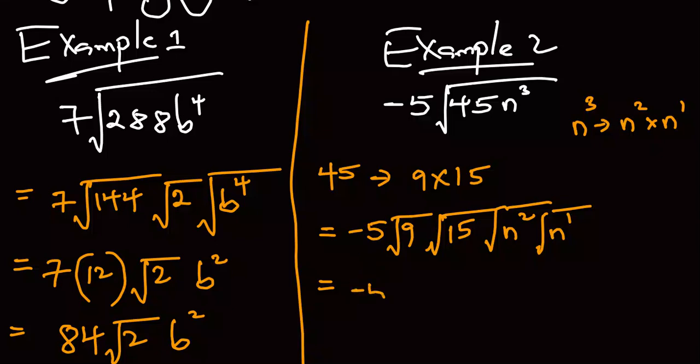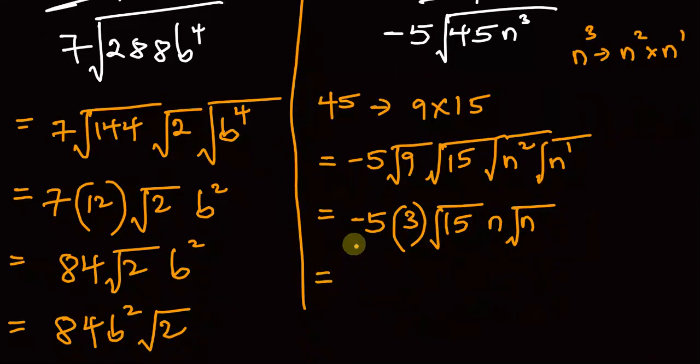This will be negative 5. Square root of 9 is 3. Square root of 15 is not a whole number, so it remains. Square root of n squared is just n. And then square root of n raised to power 1 remains as it is, square root of n.